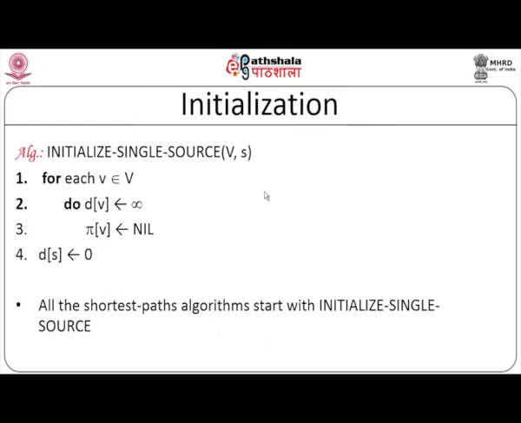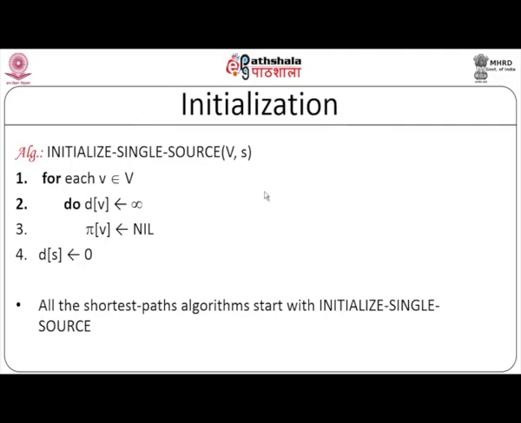So, for any of the algorithms of shortest path, you have first an initialization. The initialization for the single source, I will come to what single source is later, is as follows. For each v, that is each vertex belonging to the set of vertices V, we initialize d of v, remember this is the path estimate, equal to infinity, and we write pi of v, remember this is the predecessor, equal to nil.